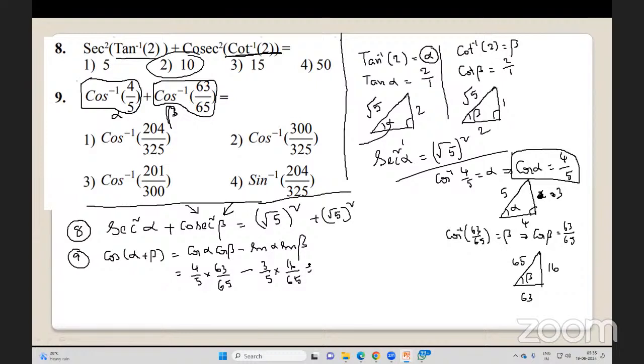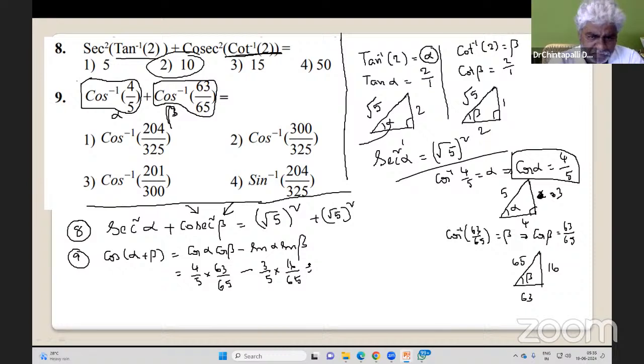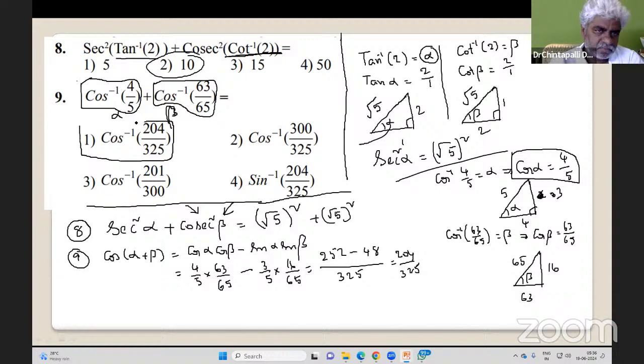So is it option 1? Yes, option 1. LCM is 325. 4 into 63, 252, minus 48. Very good, 204. Option 1, right.